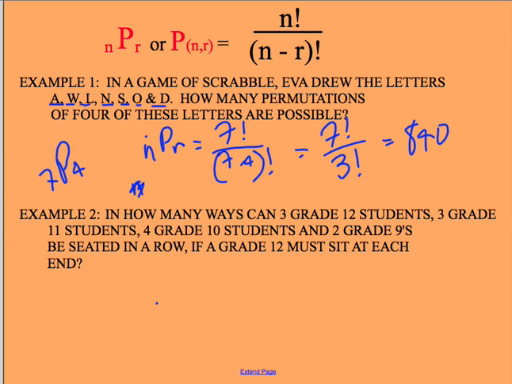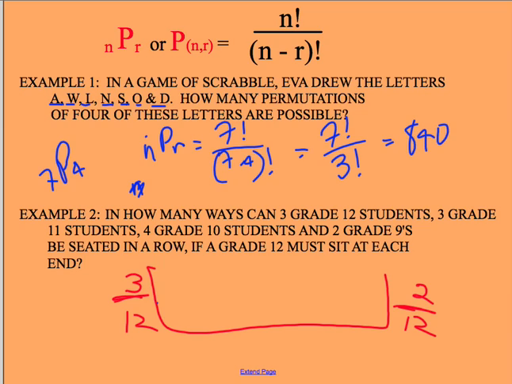And how many ways can they sit if the grade 12s must sit at each end? Well, if I've got a grade 12 here and a grade 12 here, I have to think to myself, how many people are available to sit in this spot? 3, which means only 2 available to sit in this spot, which means there's 10 people left for the entire rest of the seating, and because there's no order or restrictions on it, that is simply 10 factorial.